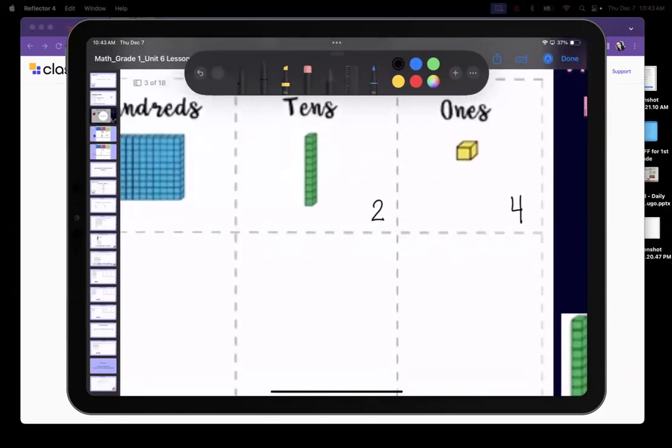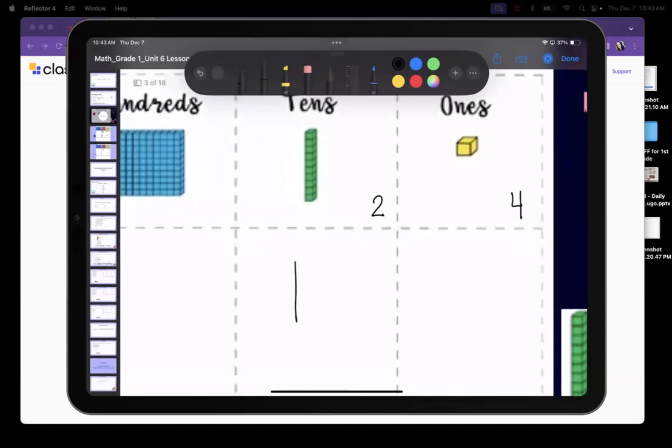How many in the ones? I think maybe in the tens there's 2, and in the ones there is 4. Okay, 2 what in the tens? 2 tens, right? Yep, so 2 10 sticks are going to be in the tens.